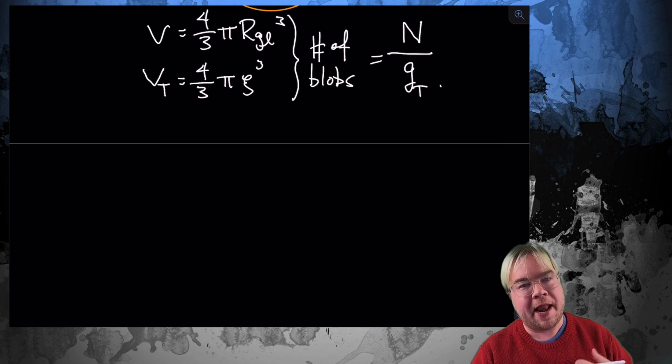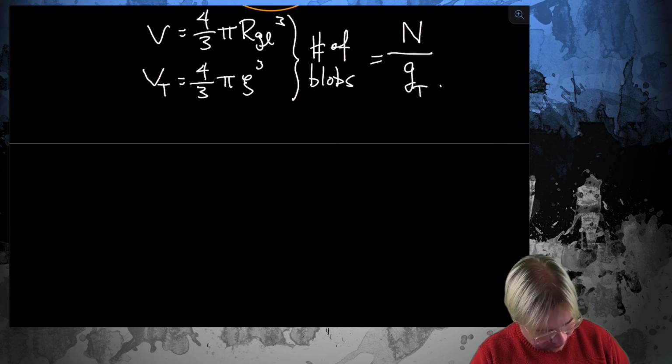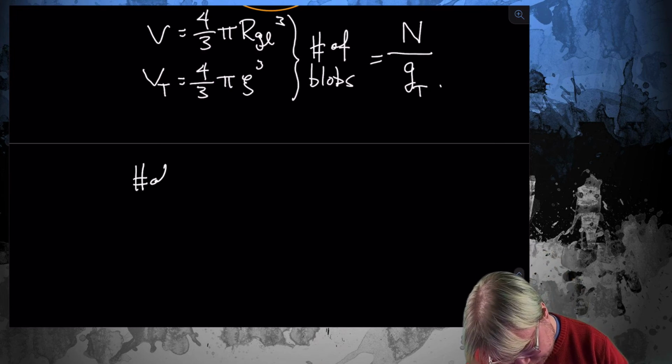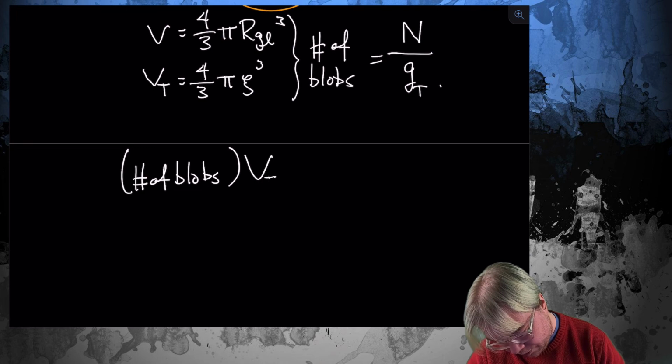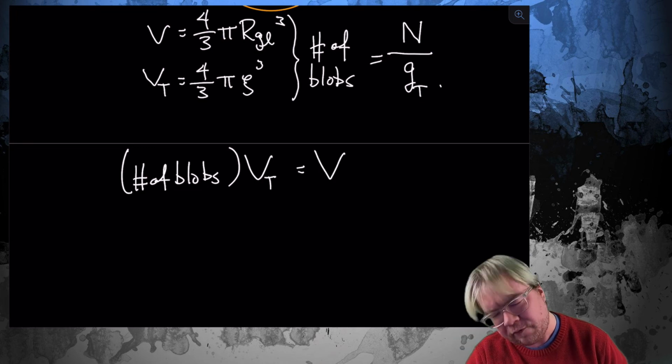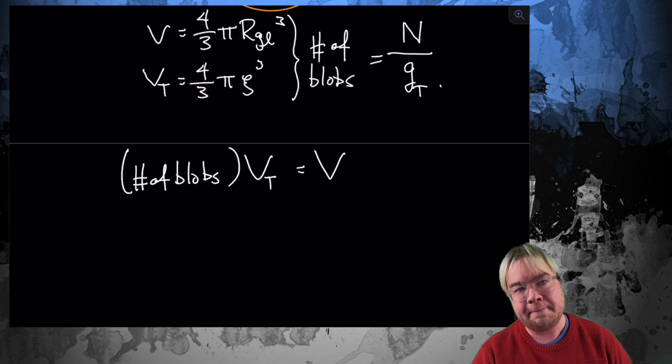All right, now we can talk about a dense packing, because the number of blobs multiplied by the volume of a thermal blob should be the volume of the globule. That's what I meant to say.